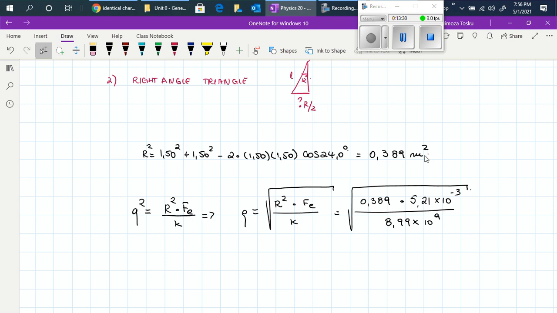From entering this in your calculator, you will find that the charges are 4.75 times 10 to the power of -7 coulombs, or 475 nanocoulombs. So this is the question that deals with the equilibrium of the two charges being connected, tied with non-conducting wire.